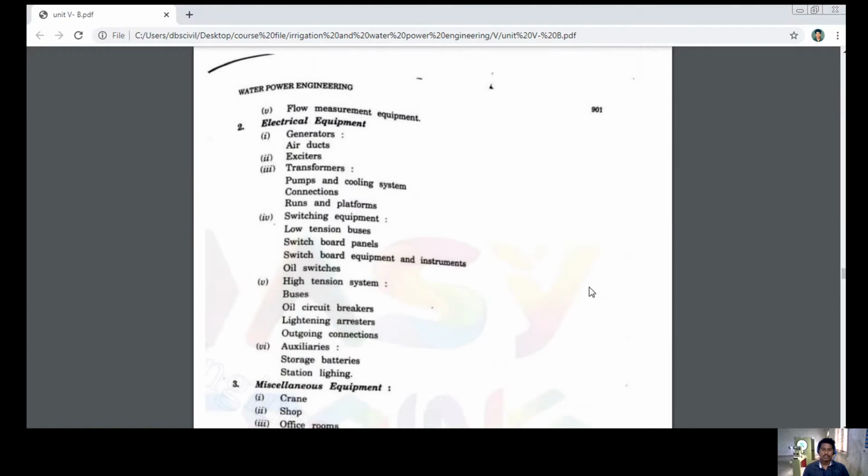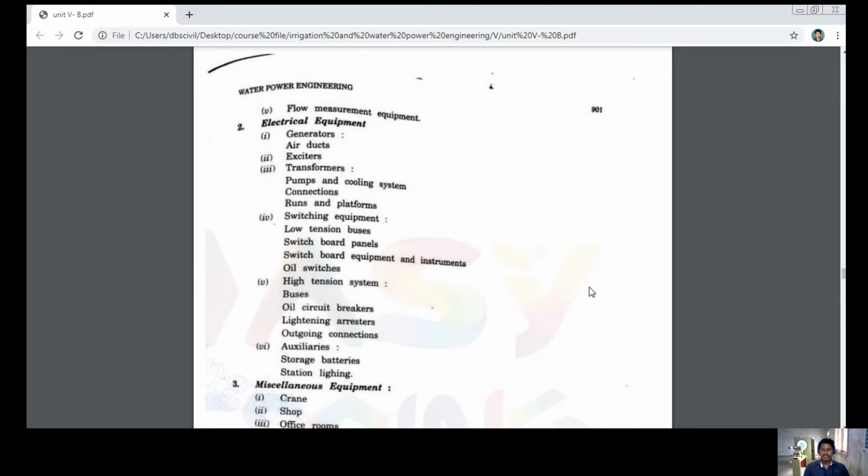Coming to electrical equipment: generators, air ducts, exciters, transformers, pump and cooling system connections, runs and platforms, switching equipment, low tension buses, switchboard panels, switchboard equipment and instruments, oil switches. Next, high tension equipment: high tension system, buses, oil circuit breakers, lightning arresters, outgoing connections.